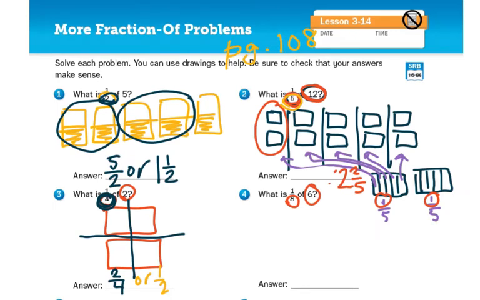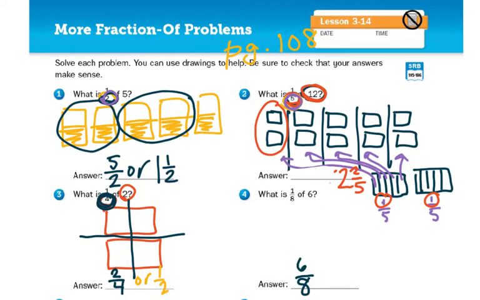So we have 6 things into 8 groups. We know our answer is going to be less than 1 whole. So I can write my fraction as 6/8. My eighths never change. My denominator in each case always stays the same. So if you're wondering which one should go on the top and which on the bottom, the denominator never changes. If it's eighths, the answer has to be eighths.